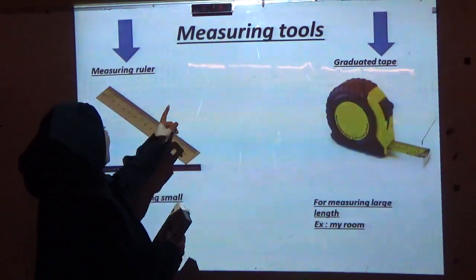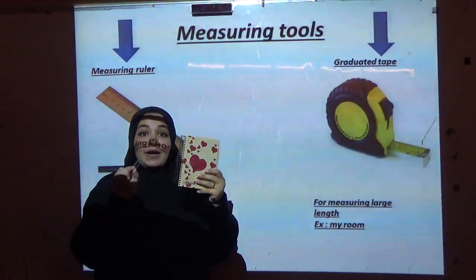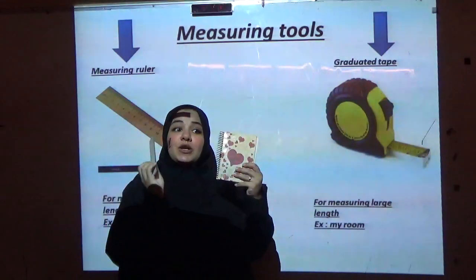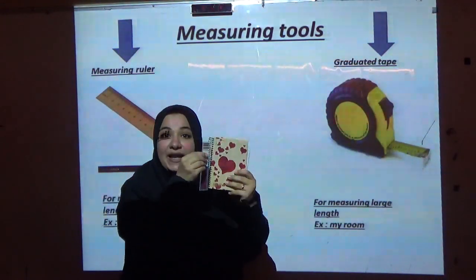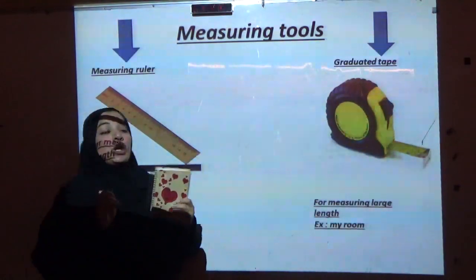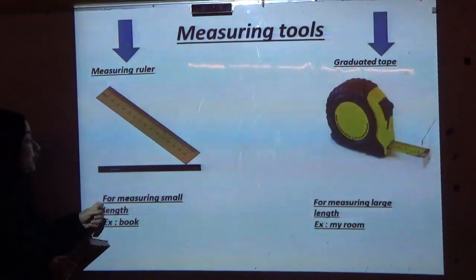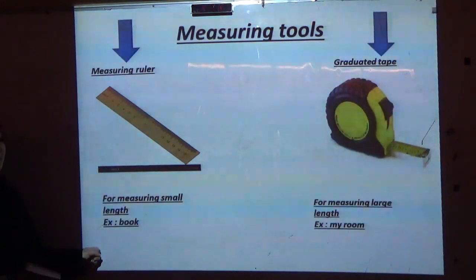Now, I want to measure this book. The first thing that came to my mind is that I will use the ruler. So I will use the ruler to measure the length of this book. The ruler is used for measuring small lengths, for example, the book.